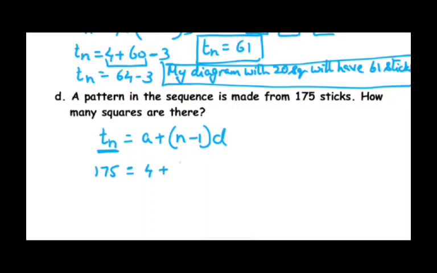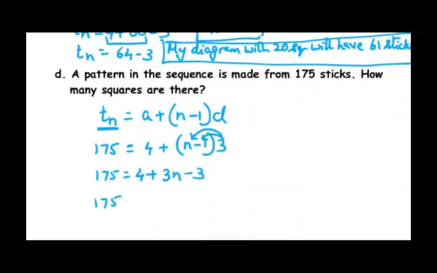A is 4, N we have to find out, and D is 3. 175 is equal to 4 plus 3 into N, 3N, 3 into minus 1, minus 3. 175 is equal to 3n plus 1, since 4 minus 3 gives me plus 1. 175 minus 1 gives me 3n, so 3n is equal to 174.